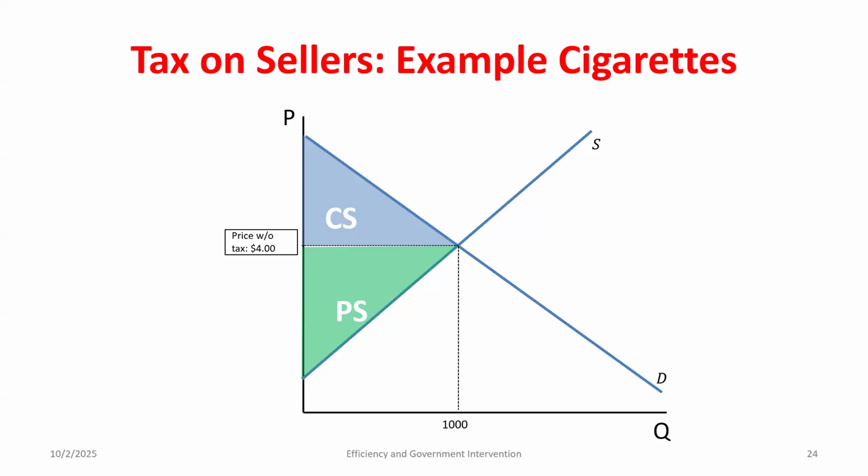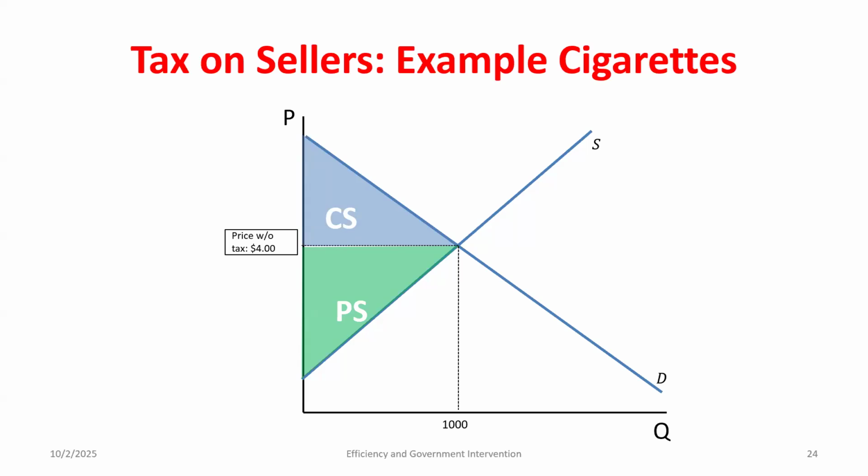What would the new price be after this tax? Well, where is my new supply curve equal to the demand curve? Right here. So producers are now no longer willing to accept anything less than that value. So that becomes the new price in the market, or generally I'll say this is the price in that market after the tax.